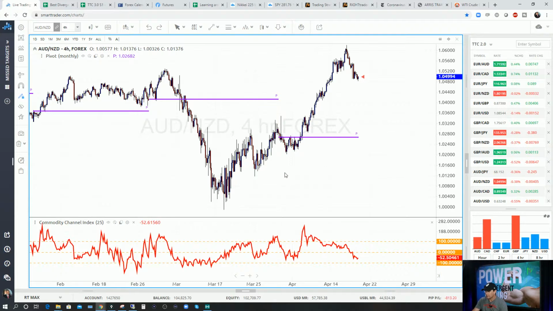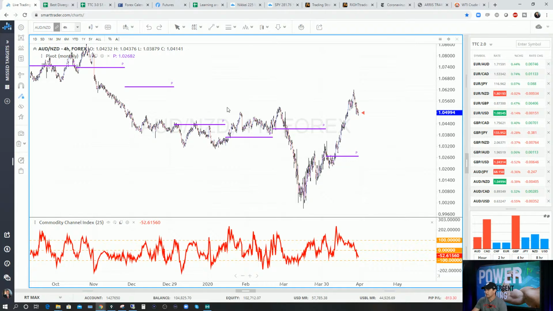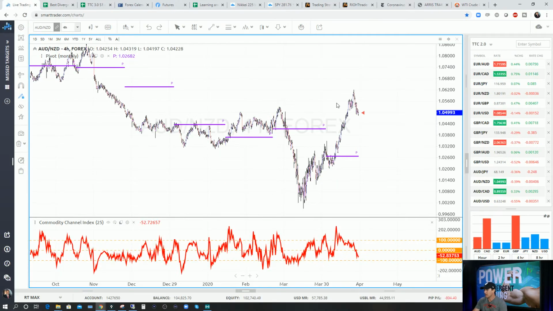I want to look for something a little further than that. So let's move on to this one right here and call this one hit targets. And that just means that I'm not really paying attention to this currency pair, at least for this month. Things may develop in the next month, and that's okay. We can go ahead and look at that, but right now, not interested.